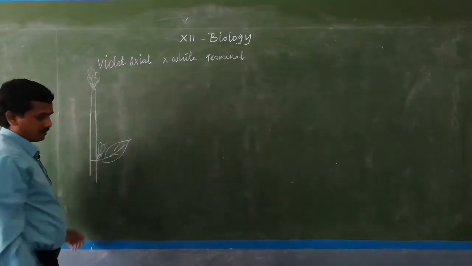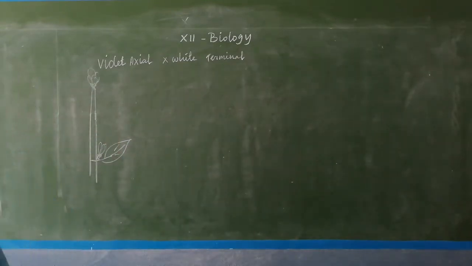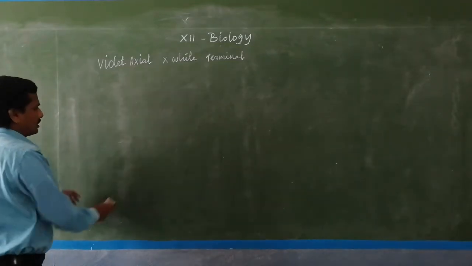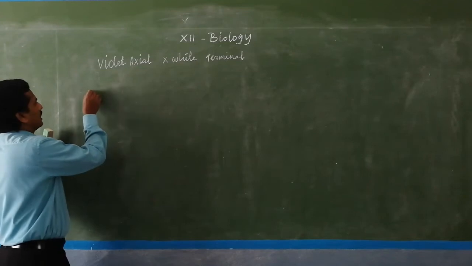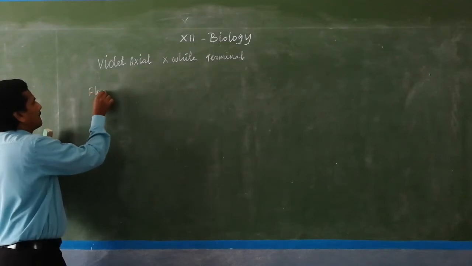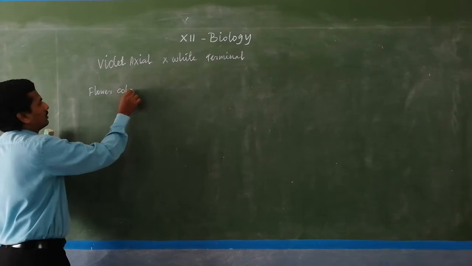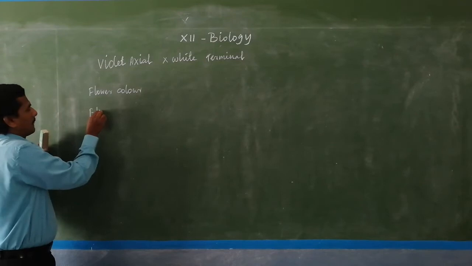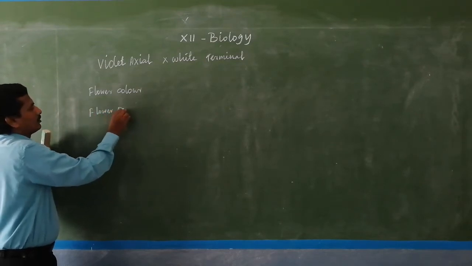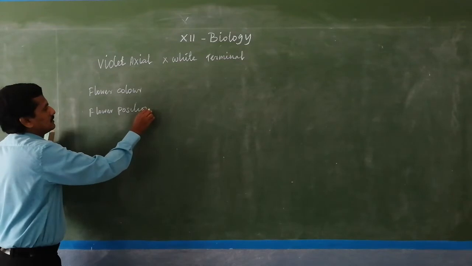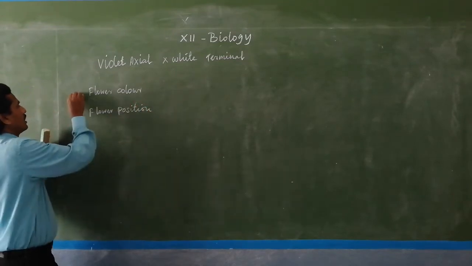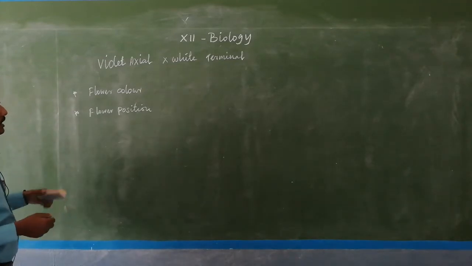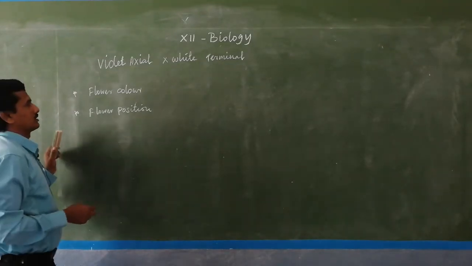Okay, so the garden pea plant has different characters. In today's class, we take only 2 characters, that is flower color, one character, and flower position, another character.